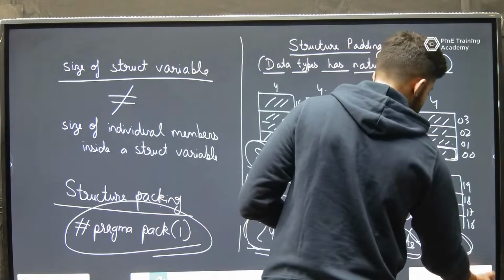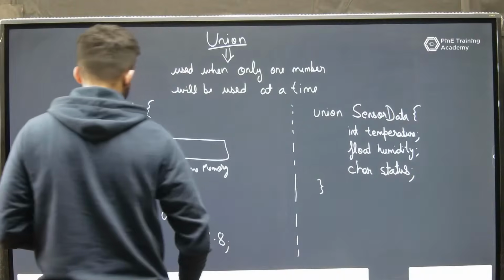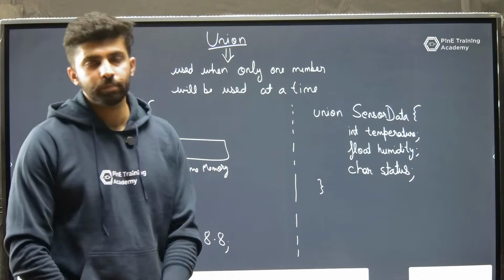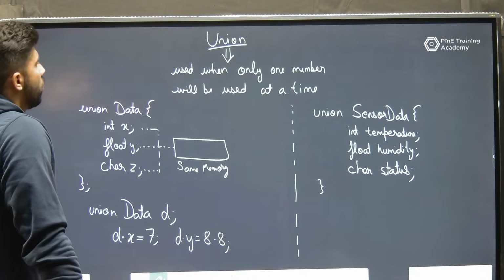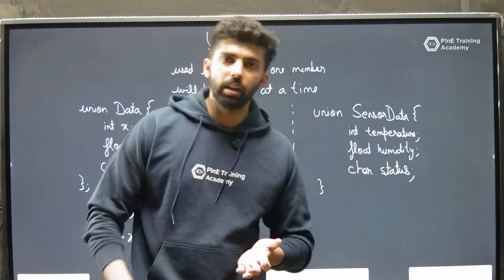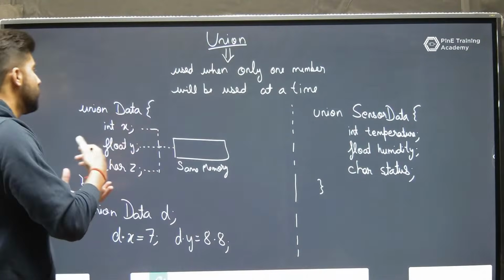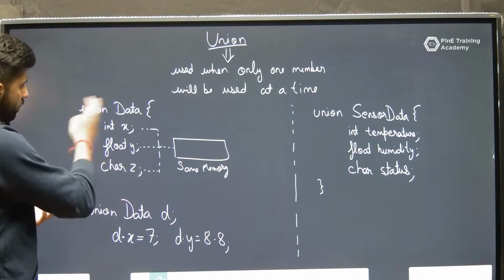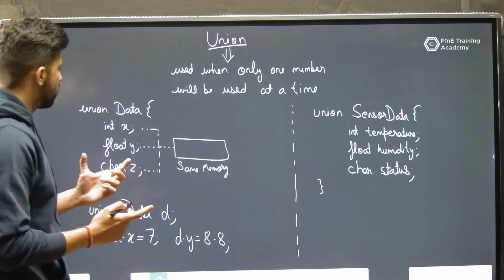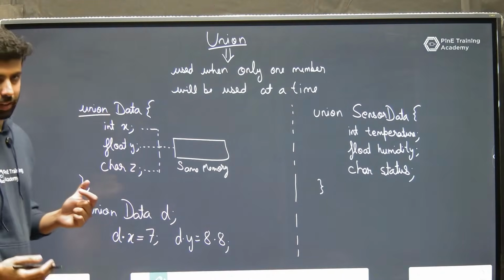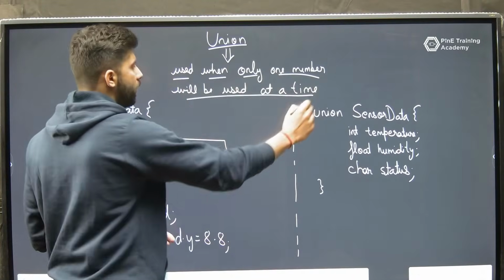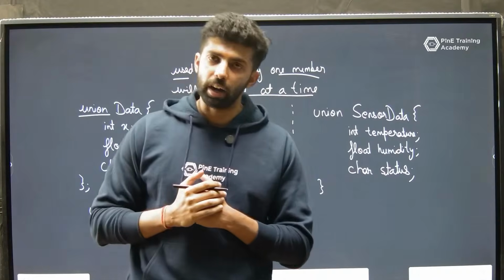Now, next we come to union. Okay, so union is similar to structures in some way, like how we defined structures. In a similar way we write union as well. So instead of struct we use this union keyword, but union is used when only one member will be used at a time, right?